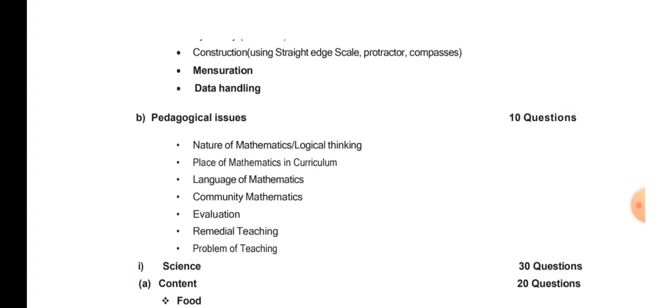It means what is the structure of the language used in teaching mathematics, that we should know. That community of mathematics we should know. Evaluation, how do we evaluate the child mathematically. Then remedial teaching, problem solving, problems of teaching, what are the different types of problems a mathematics teacher might face. So all those things we have to understand, right?